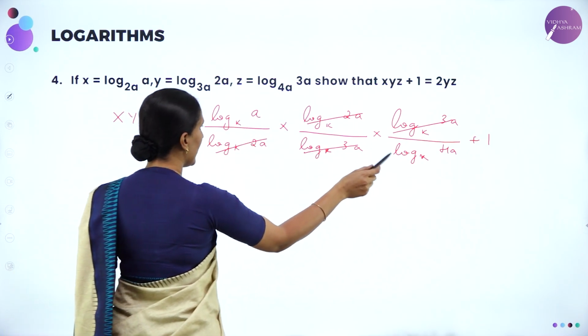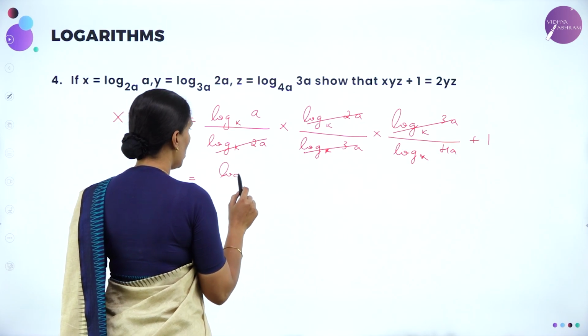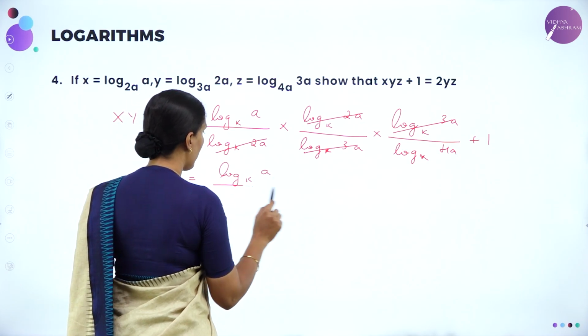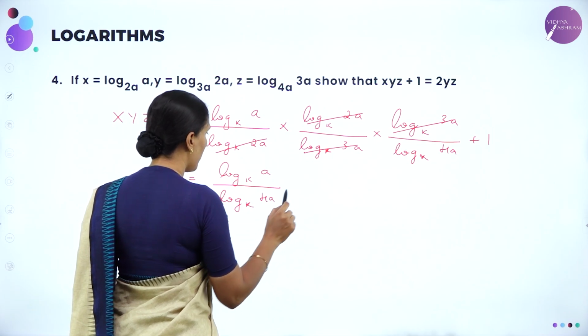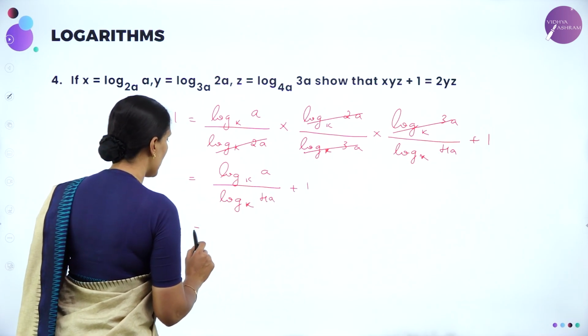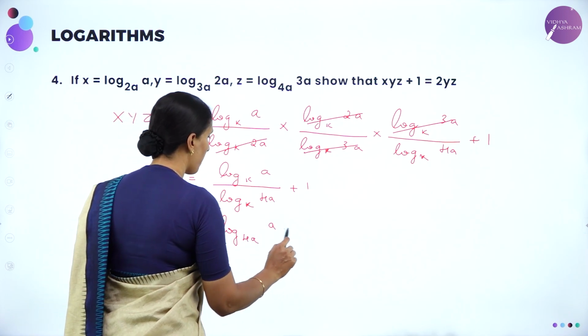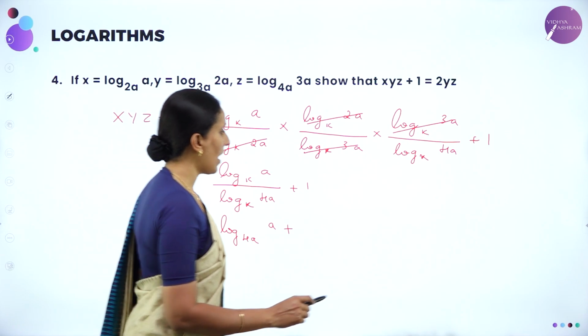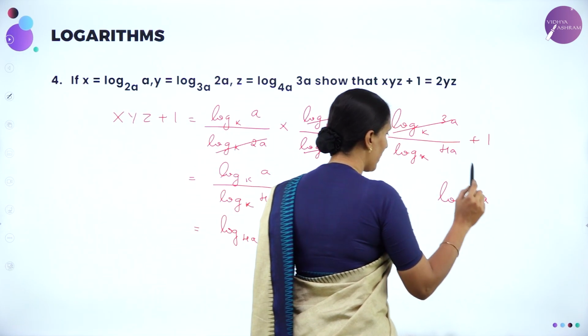Now we will get log a to base k divided by log 4a to base k plus 1. I'll write this as log a to base 4a. We know that we get the value of 1 only when we have a value with the common base.